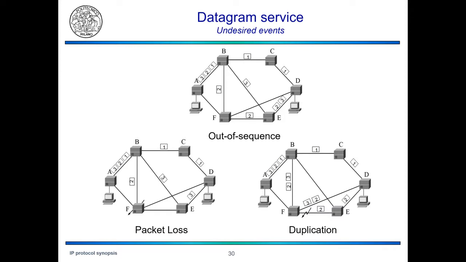Duplication, another possible undesirable situation. Packet 1 arrives correctly, packets 2 and 3 are sent towards node F. Then node F has the routing table that is indicating E as the next hop, so it starts sending packet 2. Packet 2 is transmitted correctly to the node E, but as soon as the packet is received by node E, this link goes out of service.